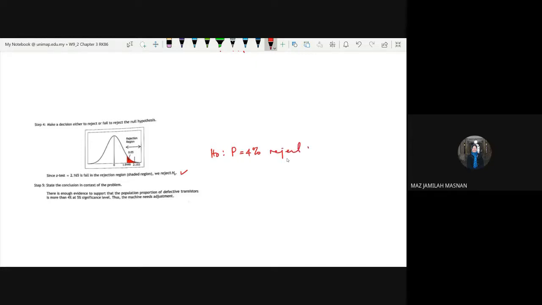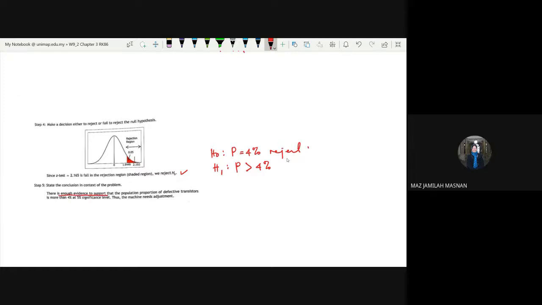When we reject the null hypothesis, it means that we have enough evidence for our alternative hypothesis, P greater than 4%. So what happens if we reject? The words to conclude will be sufficient or enough evidence to support our claim.